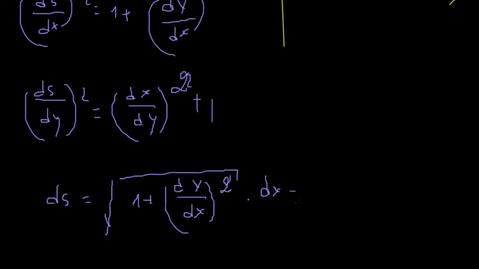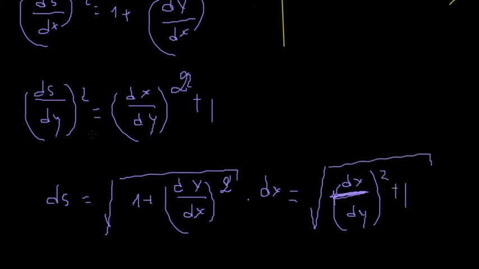And the same ds can also be described as the square root of (dx over dy) squared plus 1 times dy.